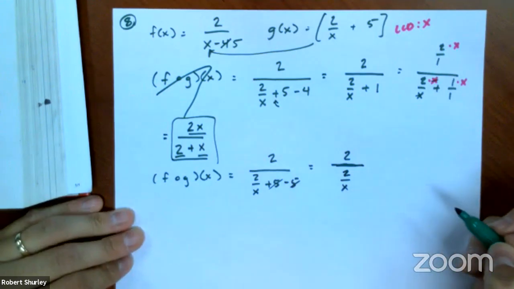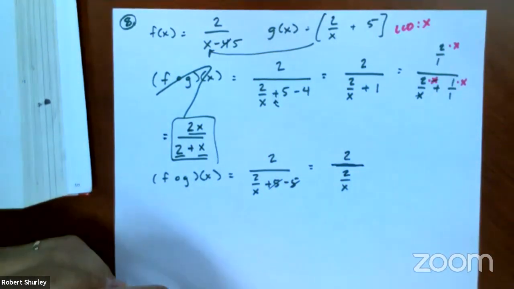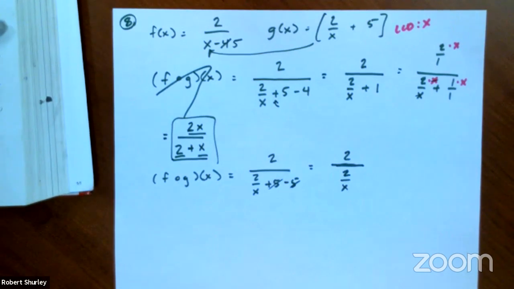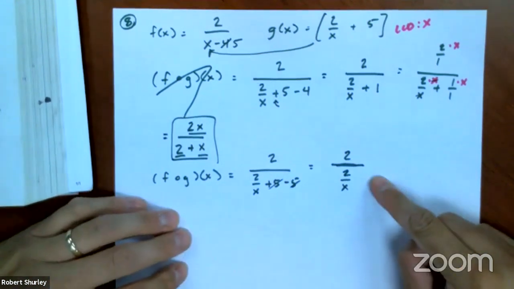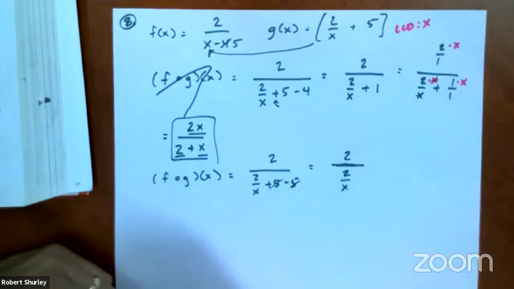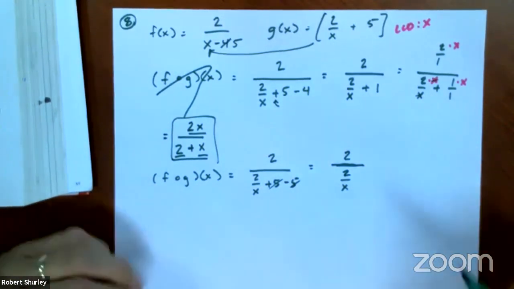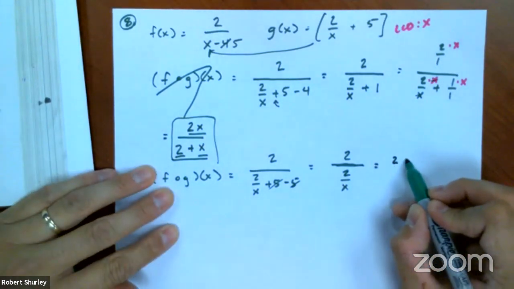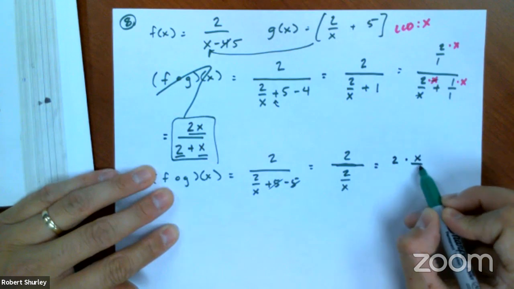2 over x. Now I've only got 2 fractions in here, and this is a division question. It's 2 divided by 2 over x. And if you remember how to divide fractions, you just multiply by the reciprocal. So this winds up being 2 times x over 2.